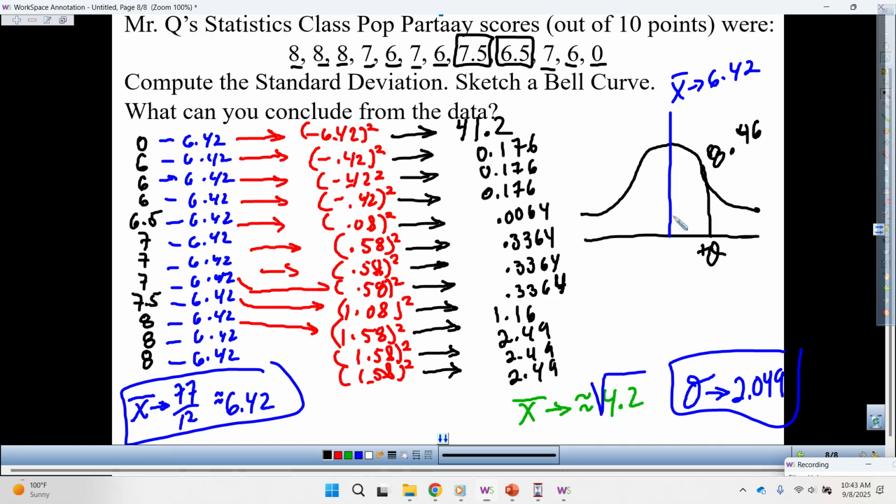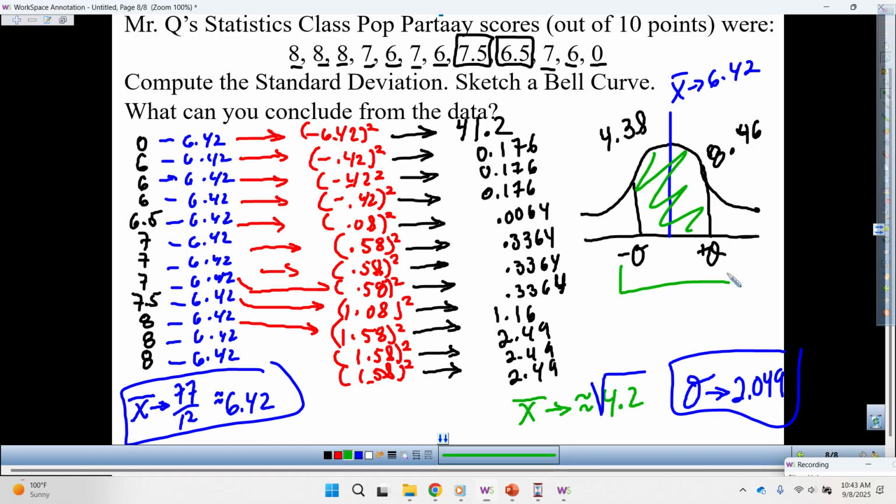But if we go one standard deviation down, we subtract from 6.42 the 2.04, so that gives us 4.38.